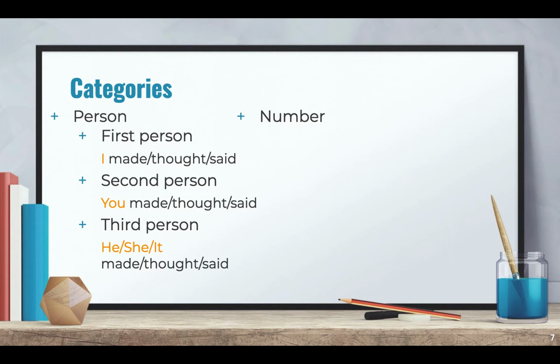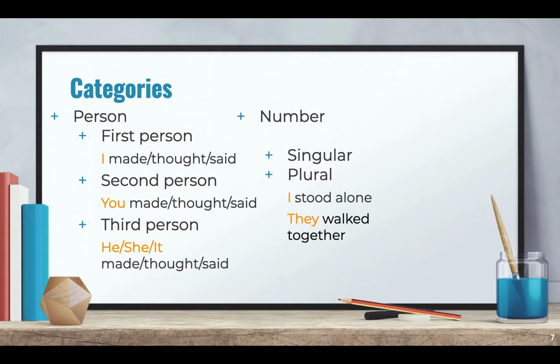The second category of pronouns is number, that is, singular or plural. As we learned in regard to nouns, singular pronouns refer to one thing or person, while plural pronouns refer to more than one of a thing or person. For example, I stood alone while they walked together.